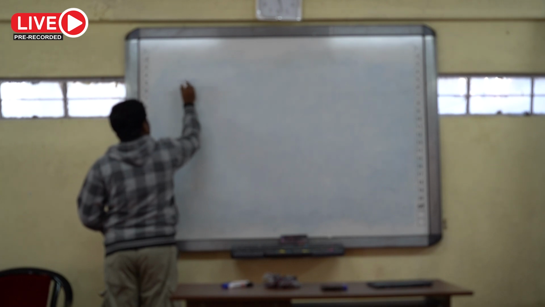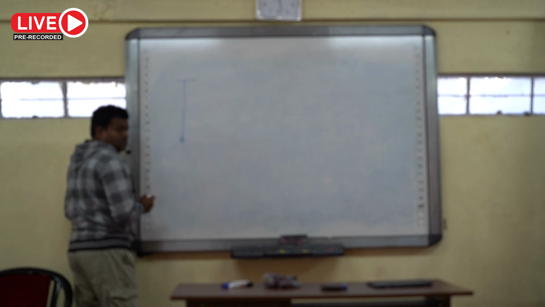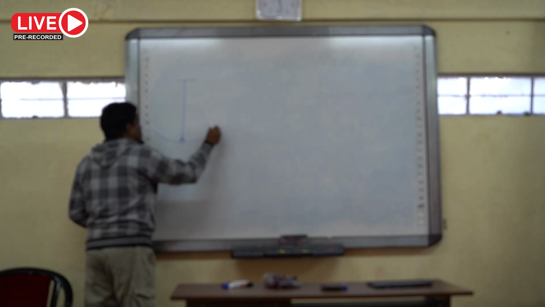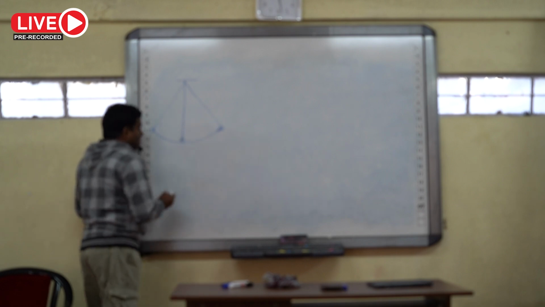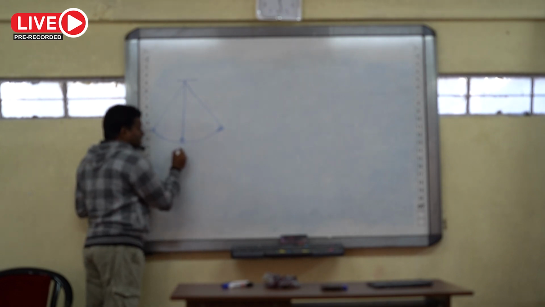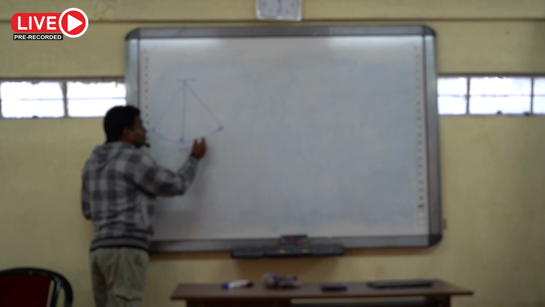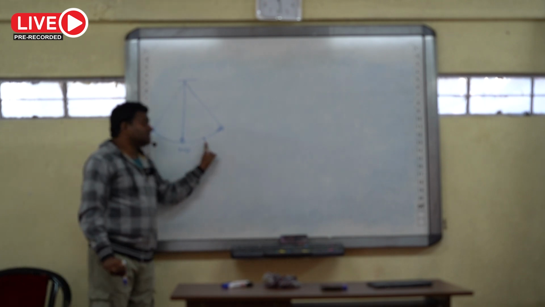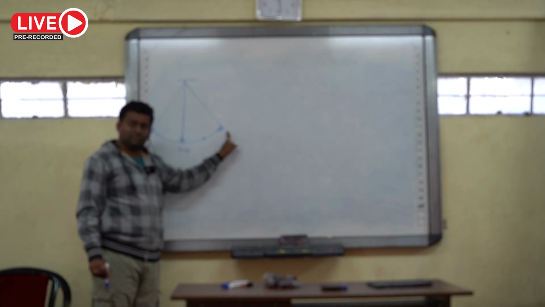This is a simple pendulum bob. Suppose it oscillates between these two points. This is the maximum width of the oscillation. Now we consider that at this point the x coordinate is 0. So it goes from this point, this is the displacement, half of the maximum displacement, to this point, that is maximum displacement.